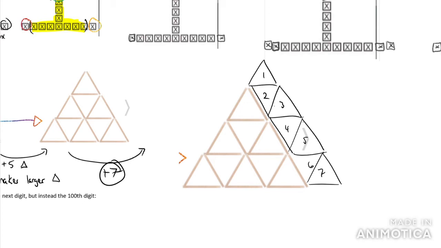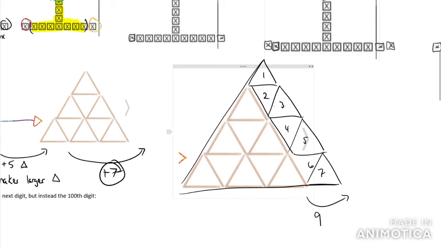If I wanted to go one step further, I would make this triangle even bigger. So I would continue with this big triangle here, and we can guess that I'm going to add 9 on. And if I really quickly just kind of go 1, 2, 3, 4, 5, 6, 7, 8, 9, I can see that to make it 1 taller, I need to add 9. And then the next one I would probably have to add 11.